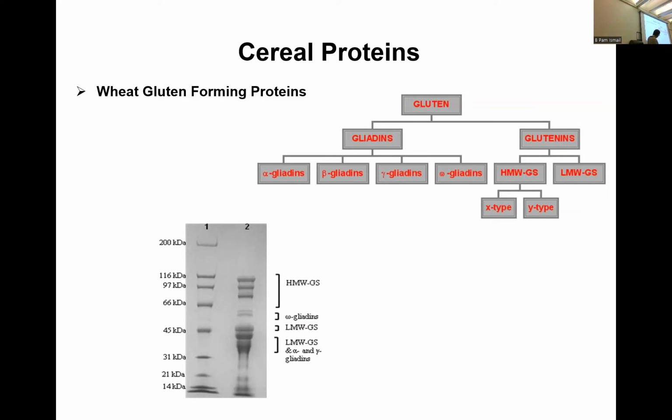And then we have a bunch of gliadins, but there's also the low molecular weight glutenin region, just around 50 kDa. Then you have the omega gliadins, and the rest of the alpha, beta, and gamma gliadins are in this region between 30 to 45 kDa.